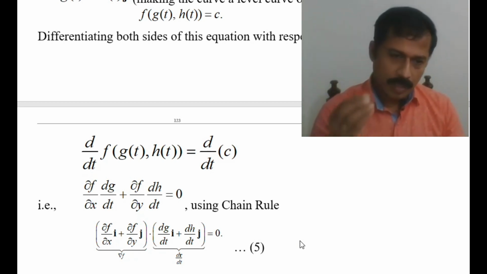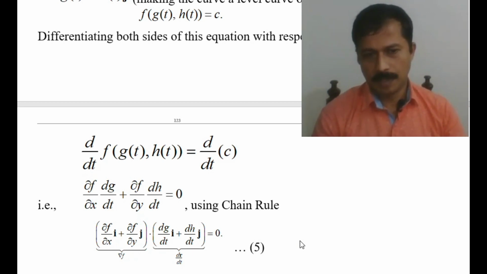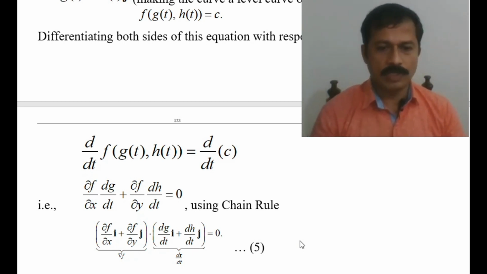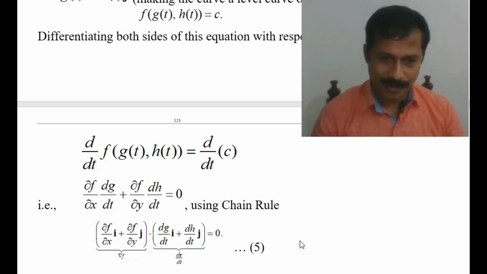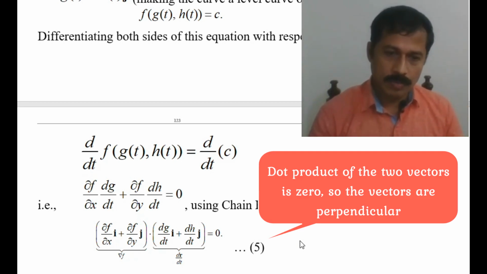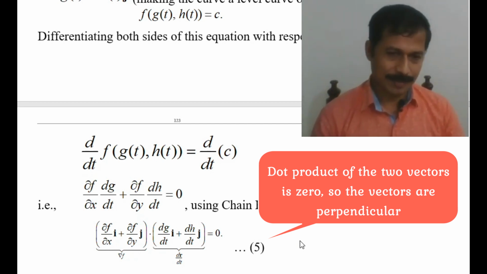At the point (x, y), which is a point on the curve, the scalar valued function f is defined. We consider the gradient of that f, which is a vector, and that vector is orthogonal to dr by dt, which is a vector parallel to the tangent line.